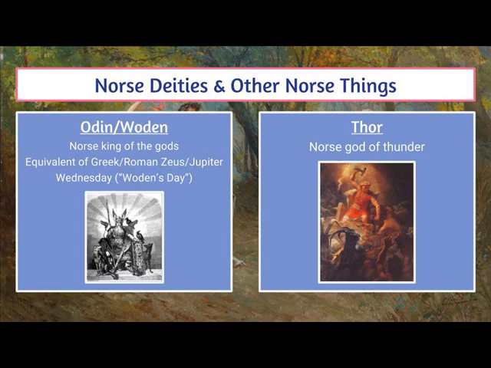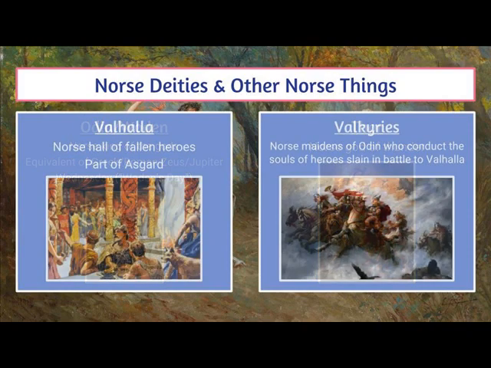From the name Woden, we get the word Wednesday or Woden's Day. And Thor, the Norse god of thunder. Valhalla, Norse hall of fallen heroes, part of Asgard, home of the Norse gods. Valkyries, Norse maidens of Odin, who conduct the souls of heroes slain in battle to Valhalla.